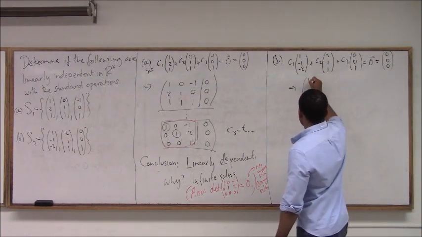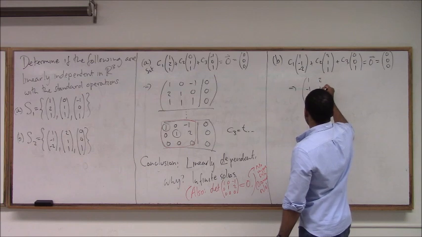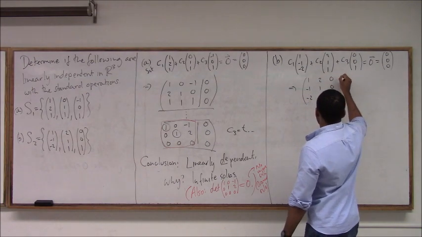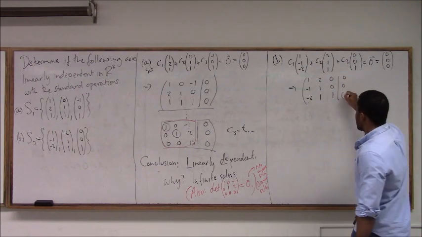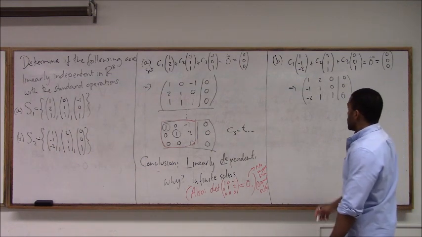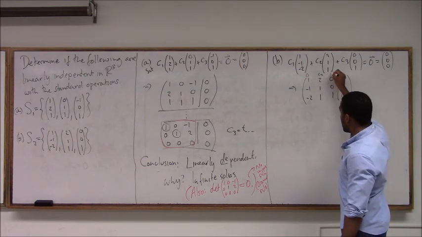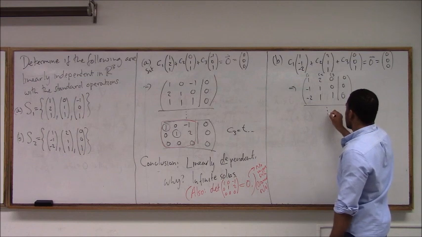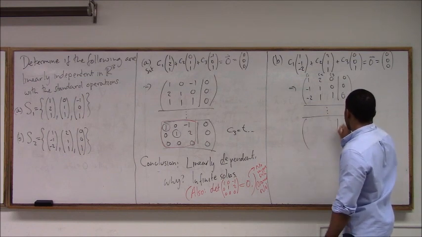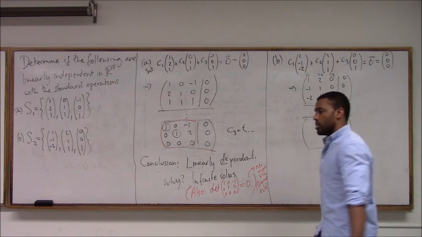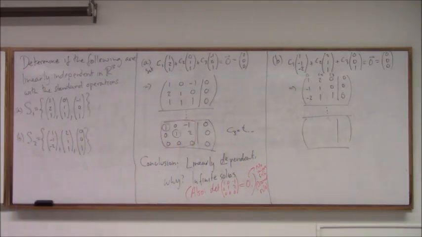This means you would get the system where that's your C1 column, C2 column, C3 column. We can do the reduced echelon form of this guy. And I believe it was, yeah, this one actually reduced to the identity.